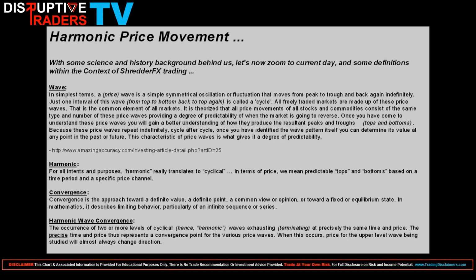And then here we have harmonic wave convergence: the occurrence of two or more levels of cyclical, hence harmonic, waves exhausting or terminating at precisely the same time and price. The precise time and price thus represents a convergence point for the various price waves. When this occurs, price for the upper level wave being studied will almost always change direction. So that is how harmonic wave convergence came about.